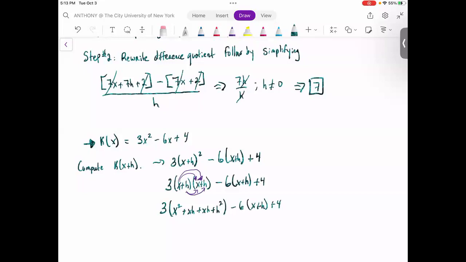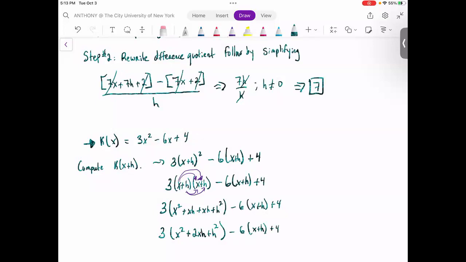Then lastly, I combine any like terms. So if you look inside the bigger parentheses, you have 2 copies of xh. If you combine it, that's going to be 2xh plus h squared minus 6 times x plus h plus 4.